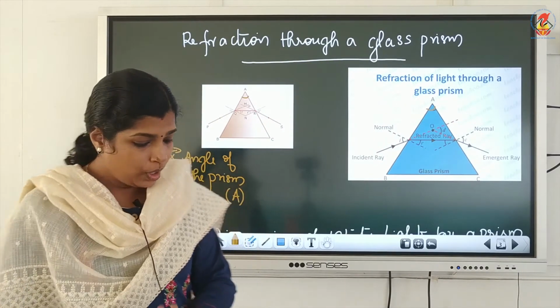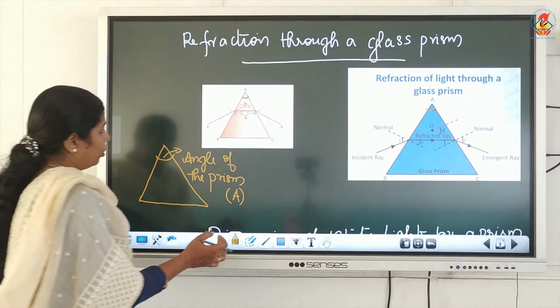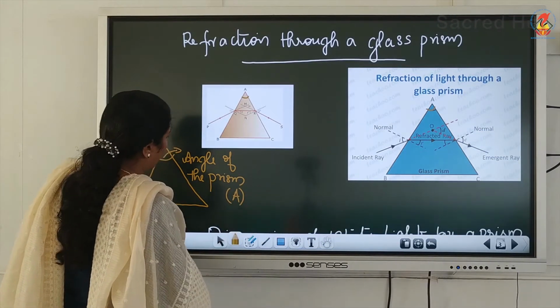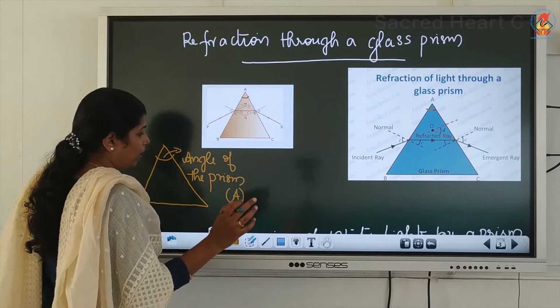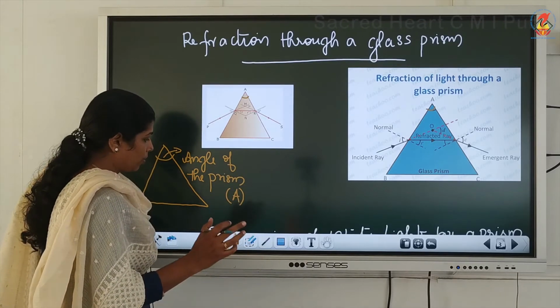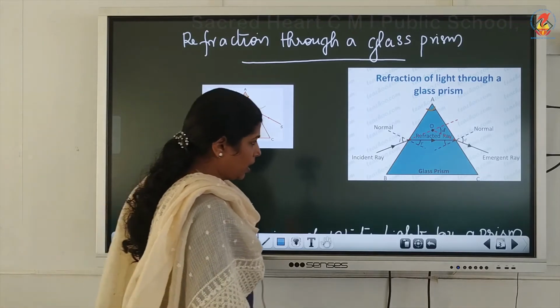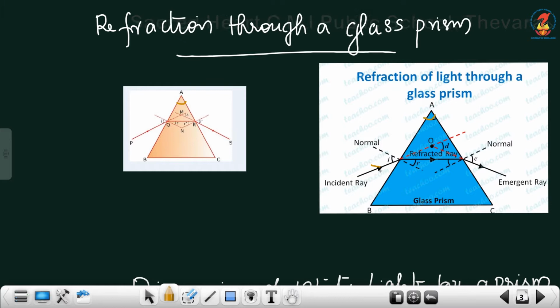Now, you have to draw the refraction of light through a triangular glass prism. Here, this one is the incident ray. When it falls on this surface AB, here it is air, this one is glass.